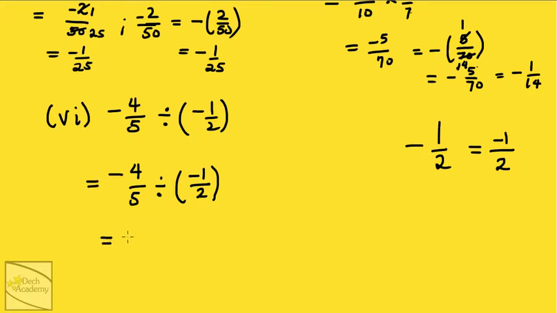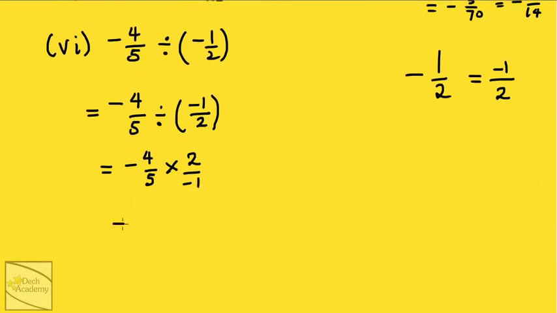And then now I'm going to change the division symbol to a multiplication symbol, which means I have to take the reciprocal of the fraction that follows. So instead of minus 1 over 2, I have 2 over minus 1. And then this minus 4 over 5, the same thing as minus 4 over 5.